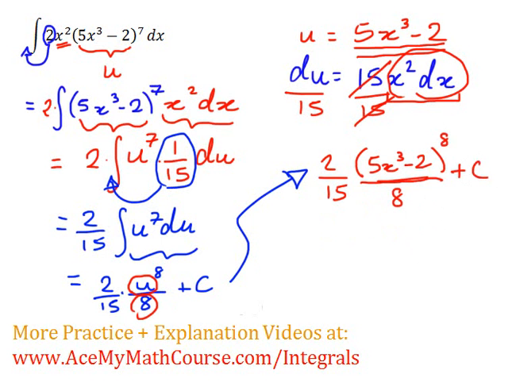Okay, now let's simplify just a little bit more. 2 over 8, you can divide top and bottom by 2, so I get 1 over 4. Now I can just rewrite this as 5x cubed minus 2 to the 8 over 15 times 4, 60, plus c. And that's it.